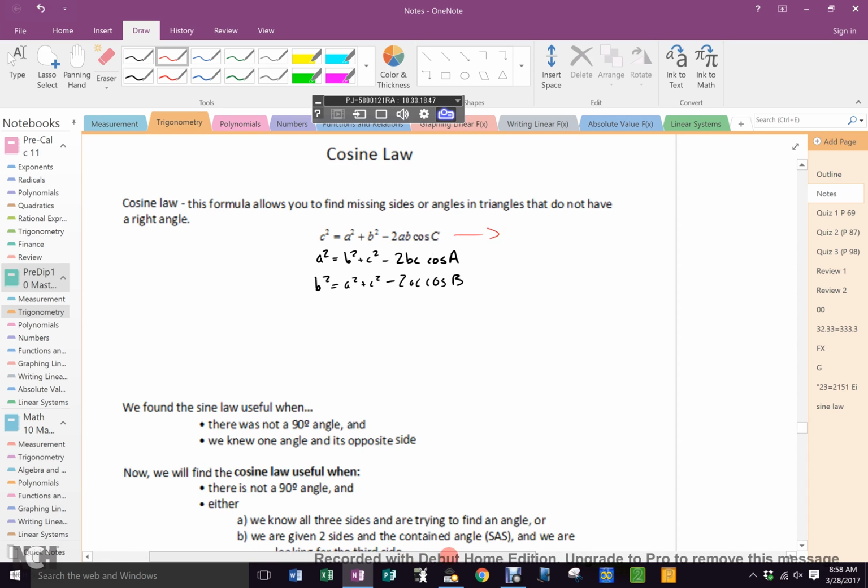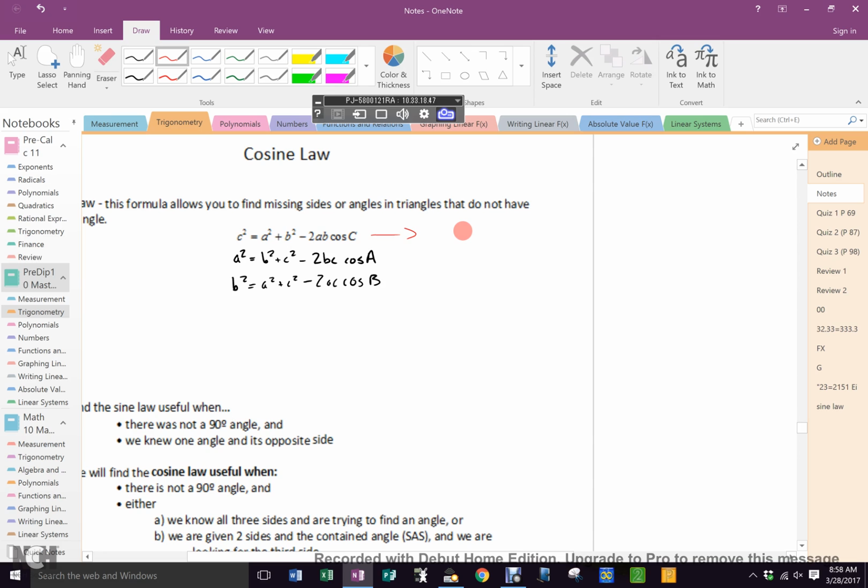So let's see if we can figure that out. Because we only need to figure it out once, right? Because the rest of them are the same, yeah? So this always messes kids up. You guys do right now, over here, try and get cos C by itself. It's just algebra.